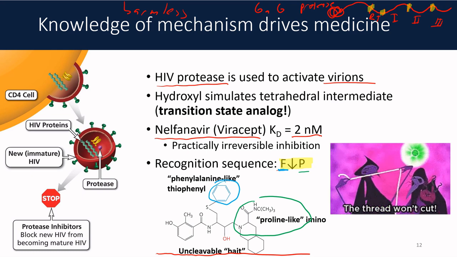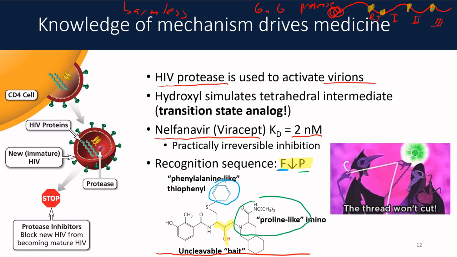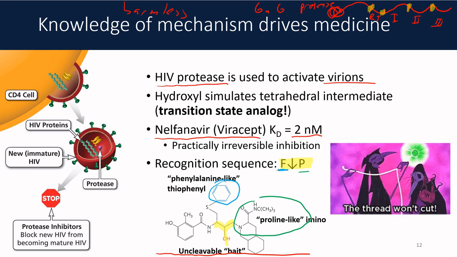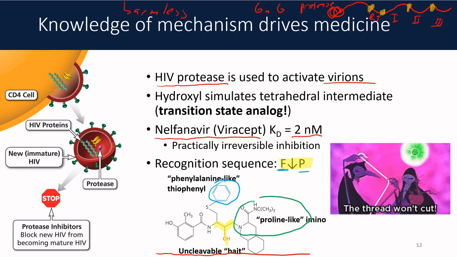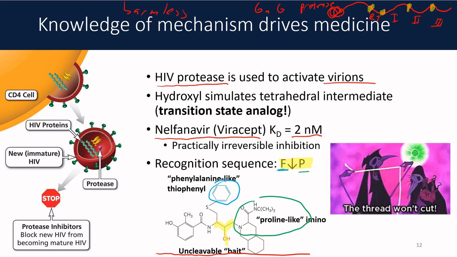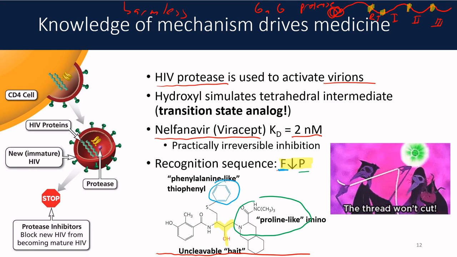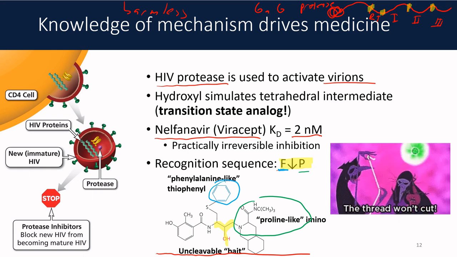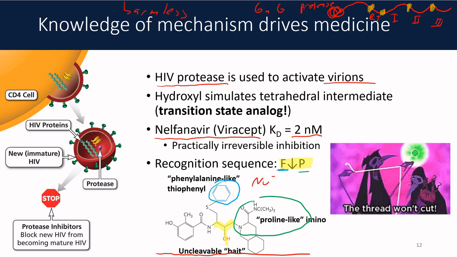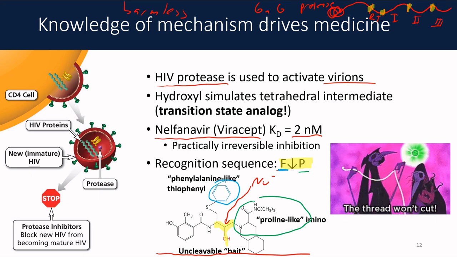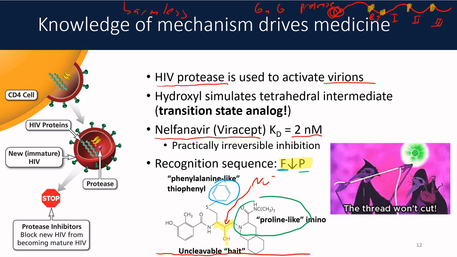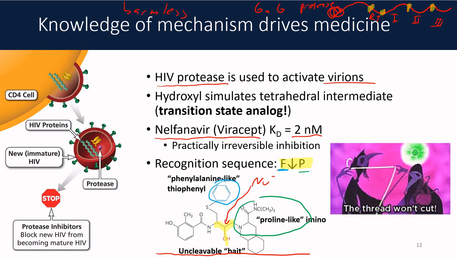What I call the uncleavable bait portion of the drug. HIV protease is going to attempt to have a nucleophile come in and attack the portion I highlighted in yellow, but there's a little bit of a problem.